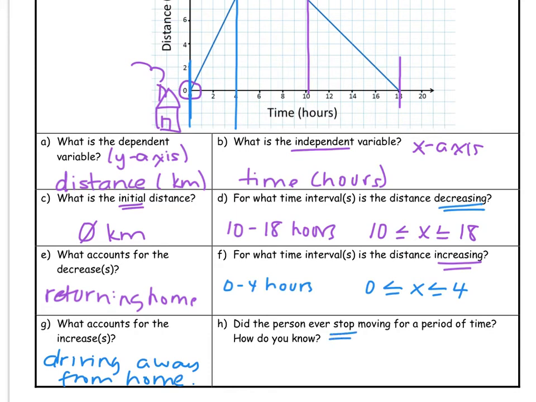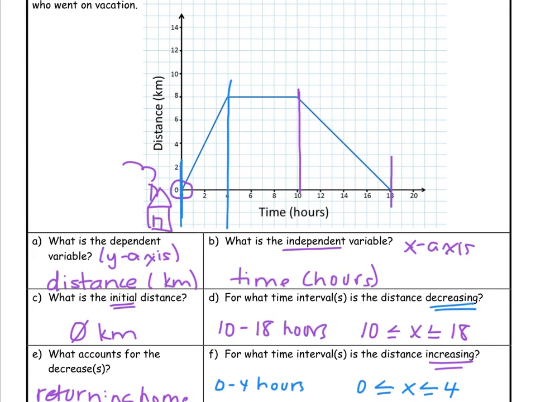Did this person ever stop moving up for a period of time, and how do you know? So if we go back to the graph, we're looking for a period of time where the distance does not change. And right here, this flat part is where the distance does not change. At 4 hours, you were at 8 kilometers from home, and at 10 hours, you were 8 kilometers from home.